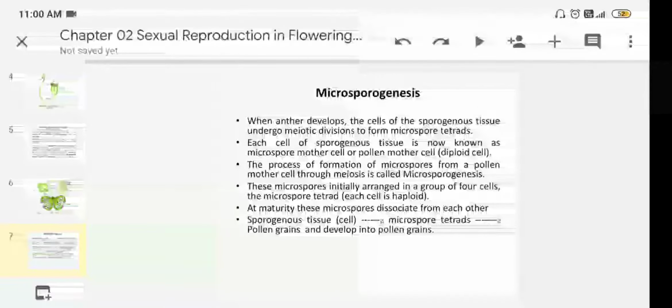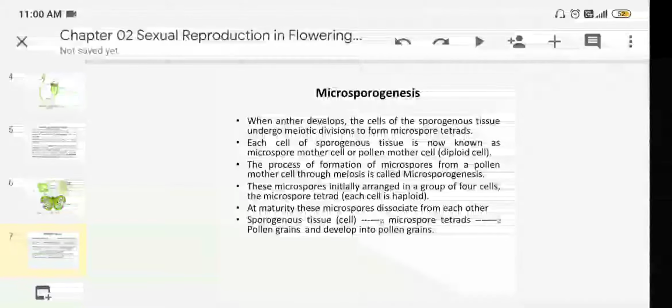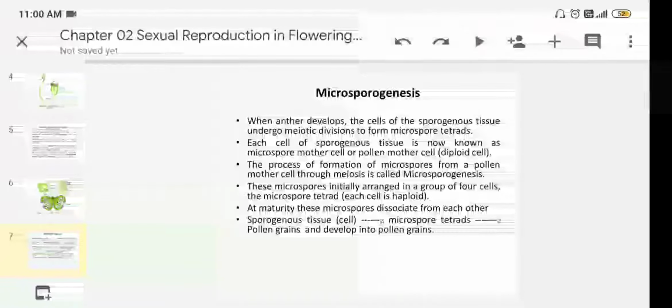The process of formation of microspores from a pollen mother cell through meiosis is called microsporogenesis. So microsporogenesis क्या है? जब माइक्रोस्पोर मदर सेल मियोसिस के द्वारा माइक्रोस्पोर बनाती है. So the process of formation of microspore from a pollen mother cell through meiosis is called microsporogenesis.